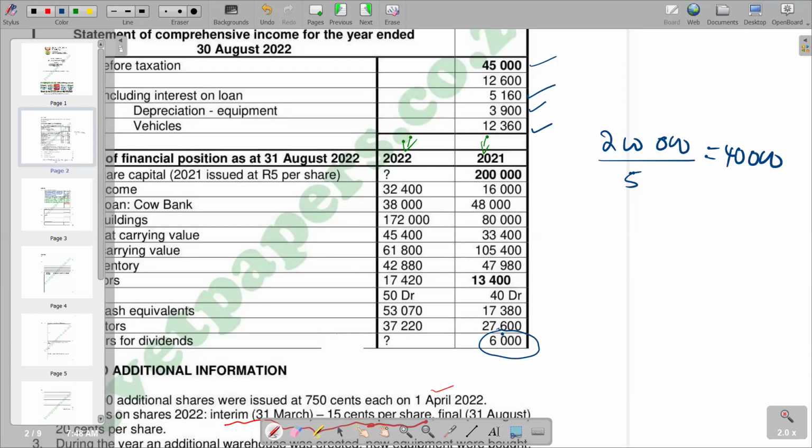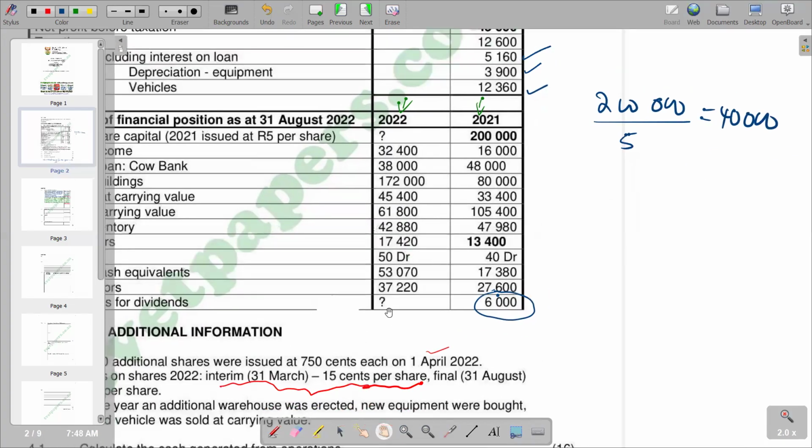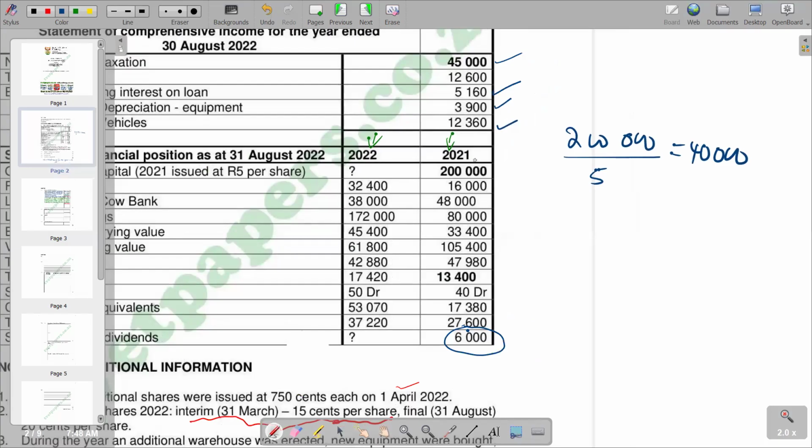So to get our interim now, we multiply our 15 cents for interim times 40,000. We can calculate that one.